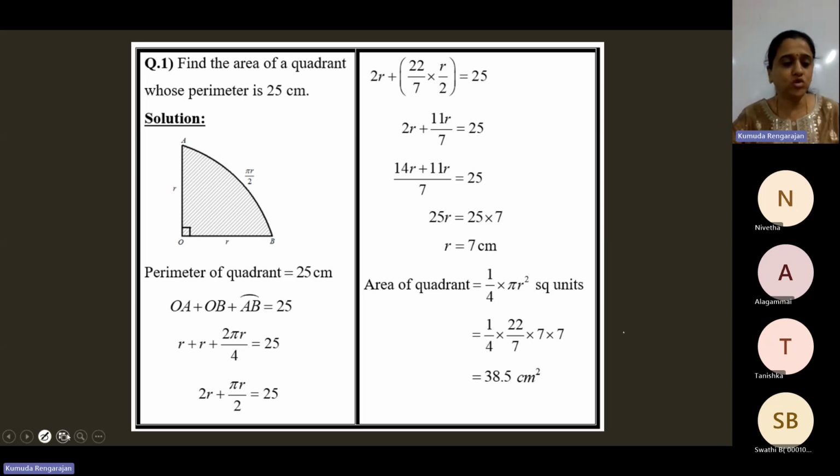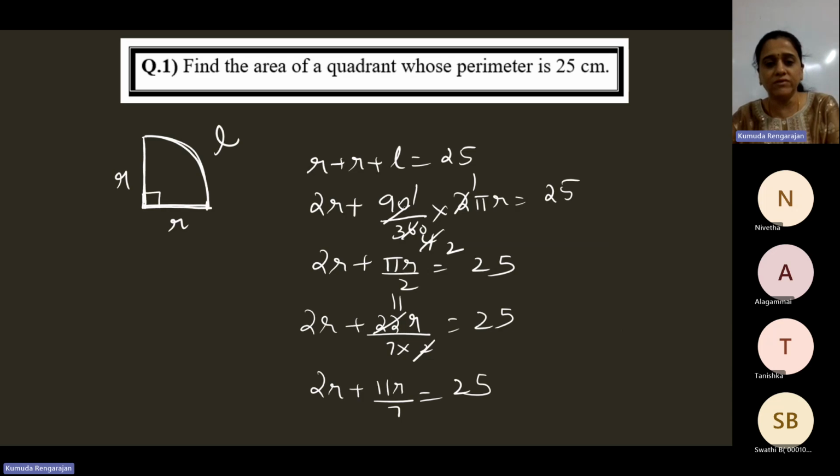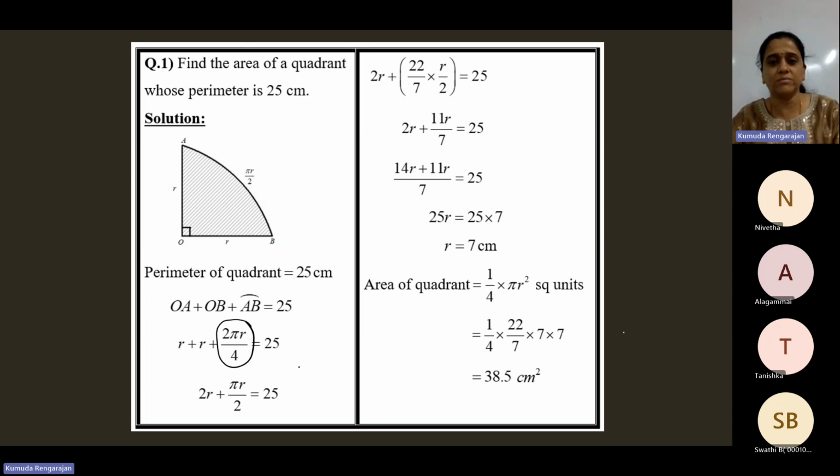See, I've taken 2 pi R by 4. That is 2 pi R, the total length, by 4. Even if you take 90 by 360, finally you get 11R by 7 only. Same thing, children.